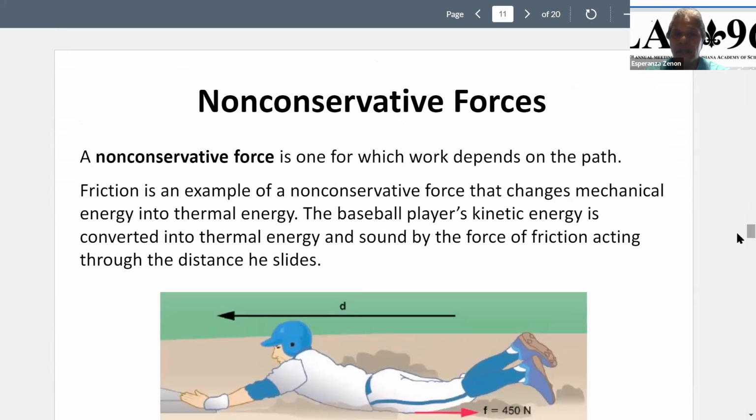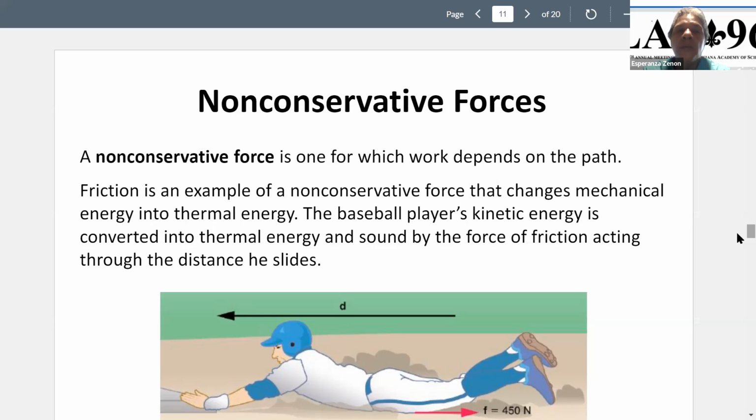Now, there are non-conservative forces, just like gravity is your conservative force. Friction is an example of a non-conservative force, okay? So the work that would be done by friction would be path dependent. It depends on how you get from start to finish because this force is non-conservative, okay?